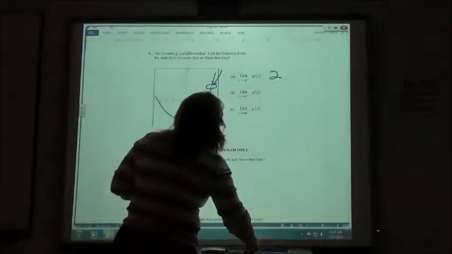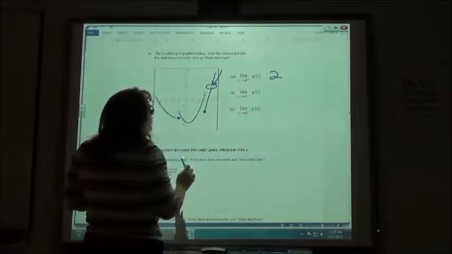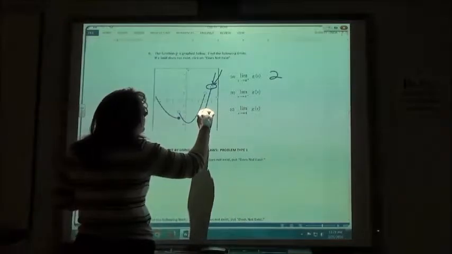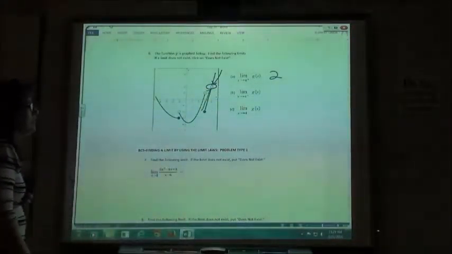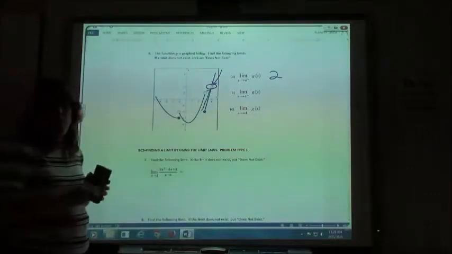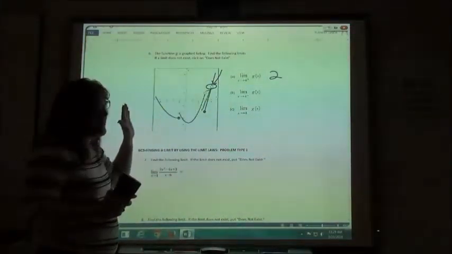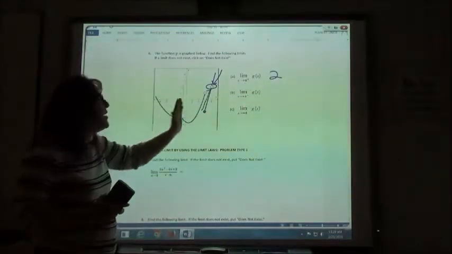On the second part, as x approaches 4 from the negative direction, well, it doesn't mean I'm starting in the negative spot, it just means I'm on the other side of 4, so I'm coming from the numbers that are smaller than 4. Remember on our table when we were doing 5, they started at 6 and went to 5, and then they started at 4 and went to 5.